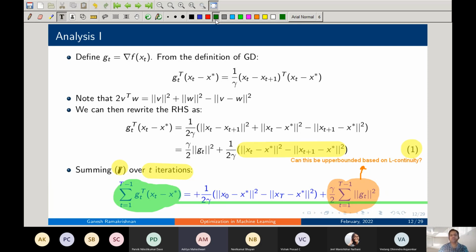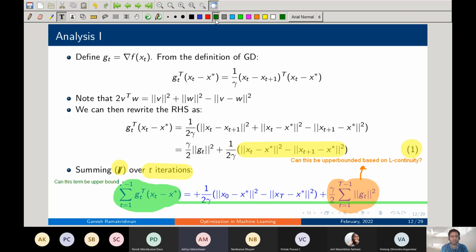Convexity. Can we use convexity here? So can we do something with this term, say upper bound it? Why are we talking about upper bounding everything? Maybe for some of them we may want a lower bound.